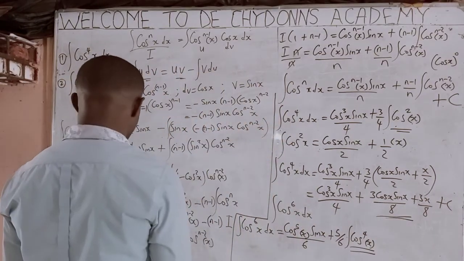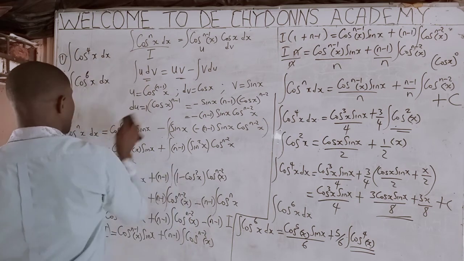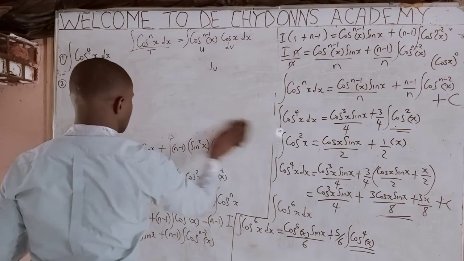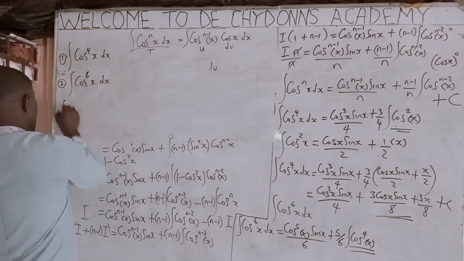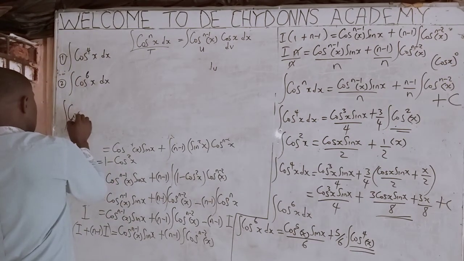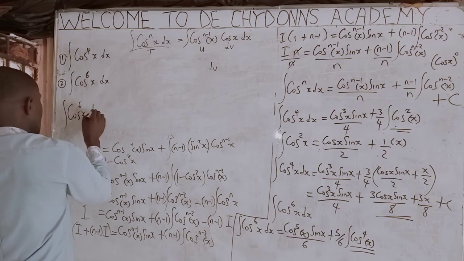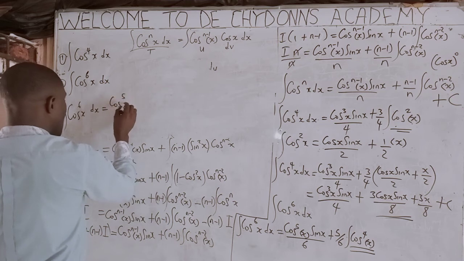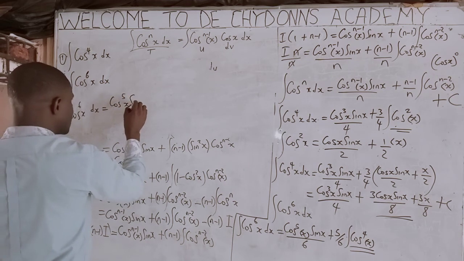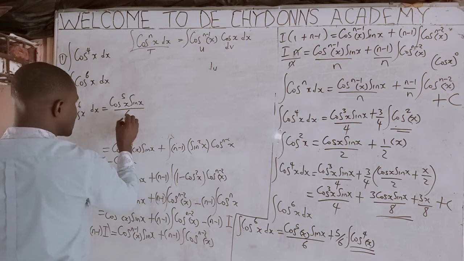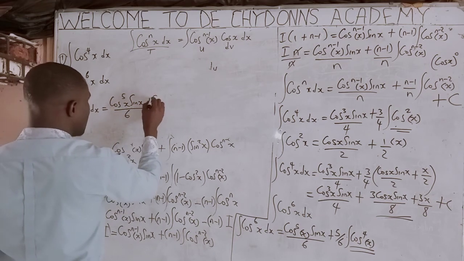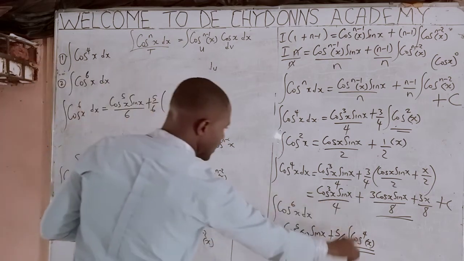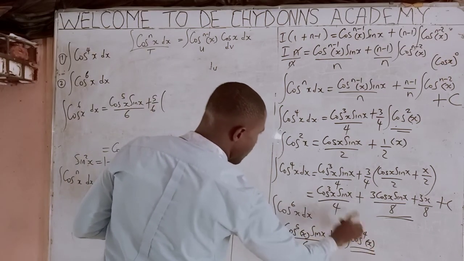We now say finally, integration cos^6 x dx is equal to cos^5 x sin x all over 6, plus 5 over 6 bracket. What did we get in integration cos^4 x?